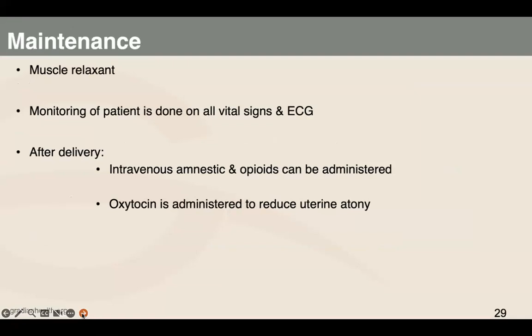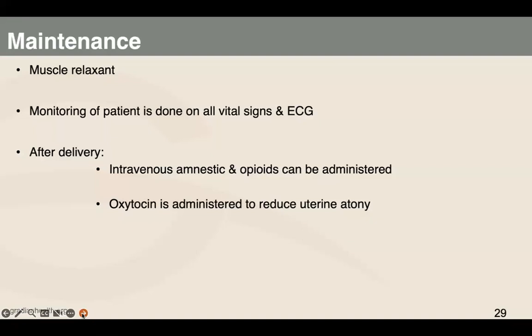Then after delivery, you give your intravenous amnestics and opioids, because the fear in giving opioids before delivery of the baby is that they could cross the placenta and the baby could be delivered with a lower APGAR score. So we avoid using opioids before delivery.